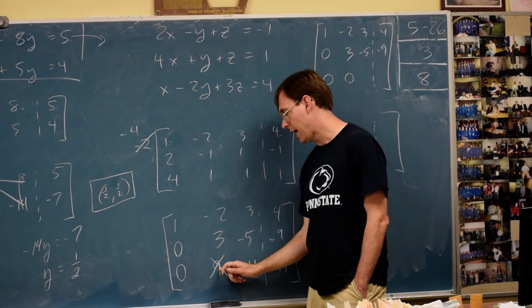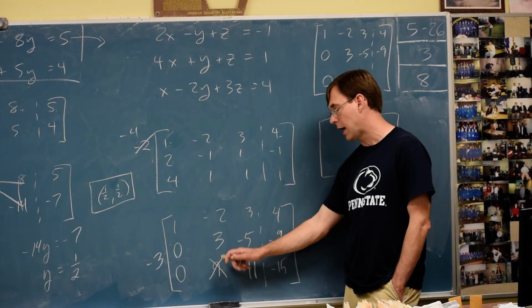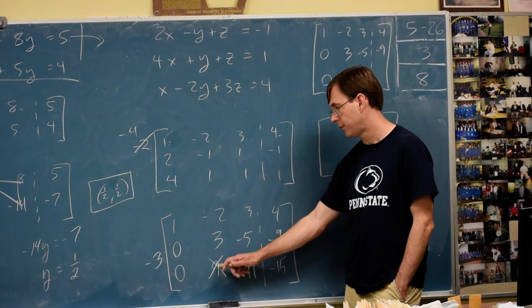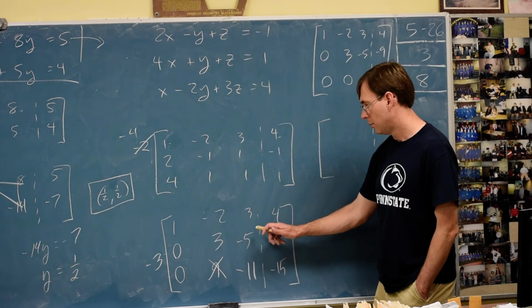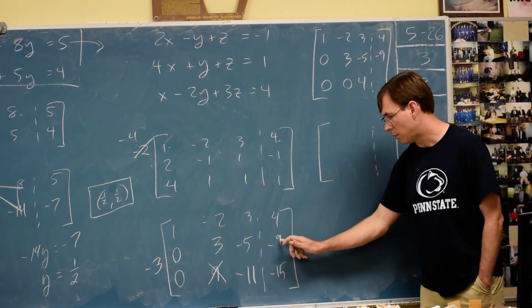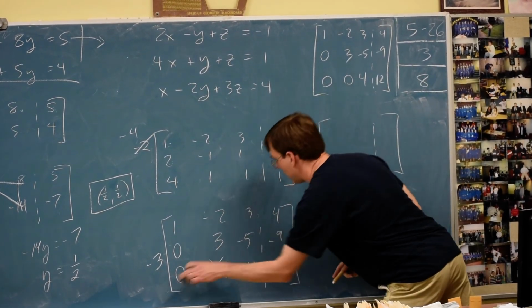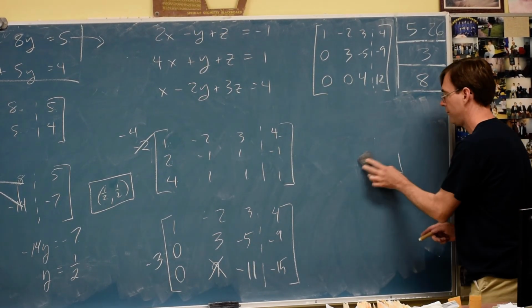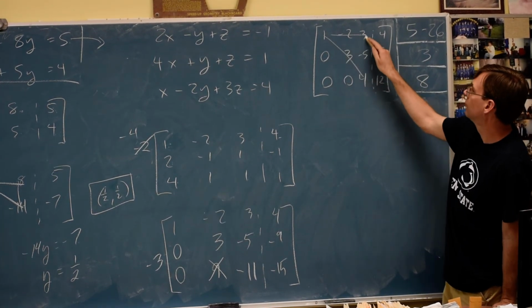For 3 to kill 9, I need to multiply by -3, so that's a -9 that kills off the +9. So I'm going to multiply by -3 and add down. And I have no idea why I wrote this, because I don't need that at all. I have myself an upper triangular matrix.